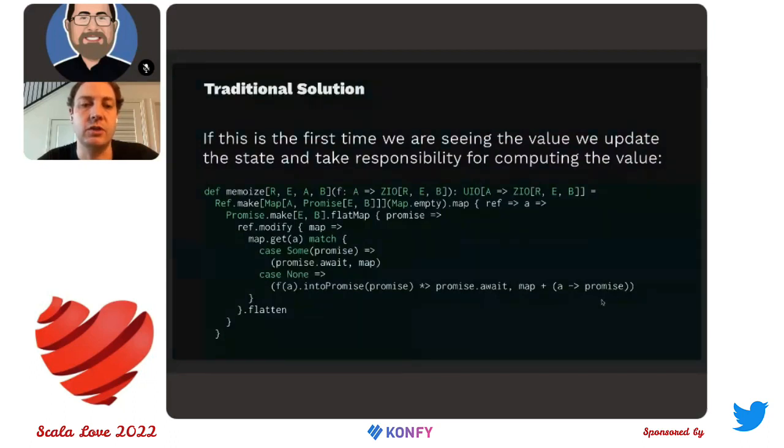And then we're the ones who are responsible for completing the promise. So we call that F function with the A input. And then we use this into promise operator, which is going to take the result of this F of A, whatever it is, whether it's a success or a failure or an interruption, and it's going to make sure that gets sent to this promise here. And then we'll just wait for that promise.